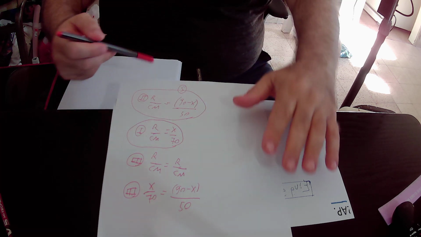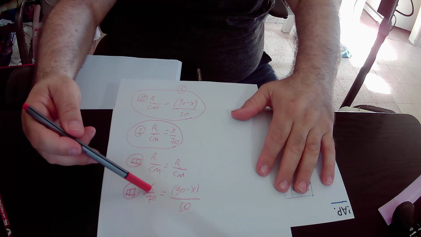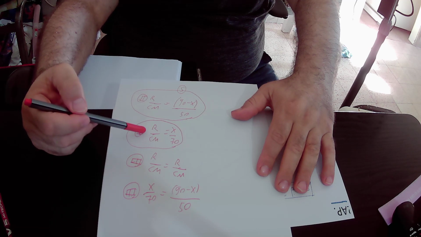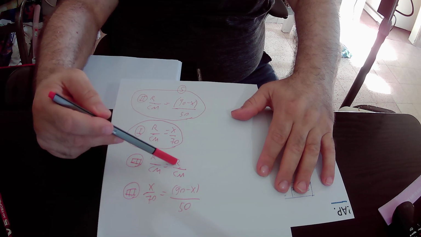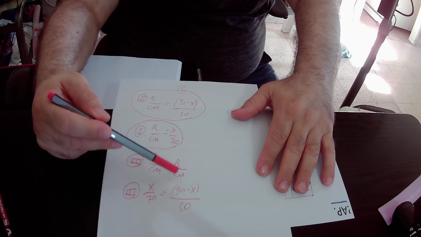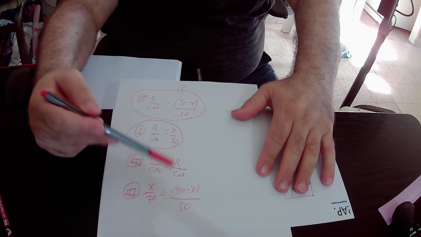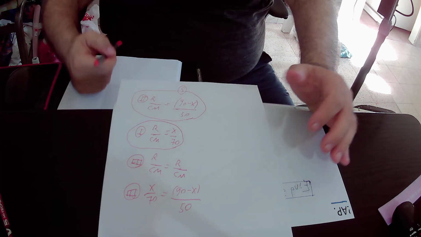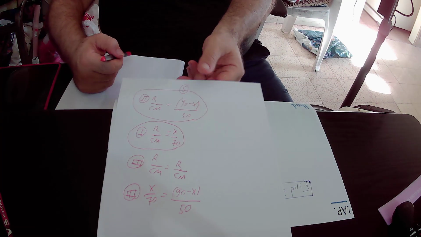So again R over Cm equals x over 70 according to the first equation, and R over Cm equals 90 minus 6 over 50 according to the second equation. Okay, now we will multiply both sides of the equation by 50.